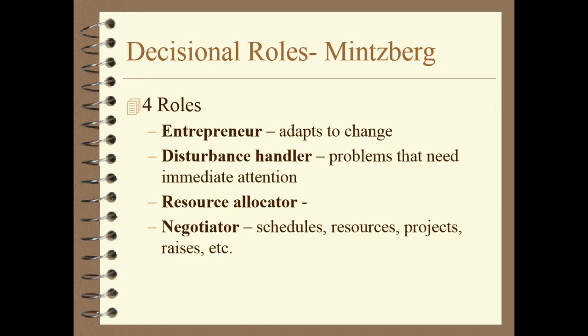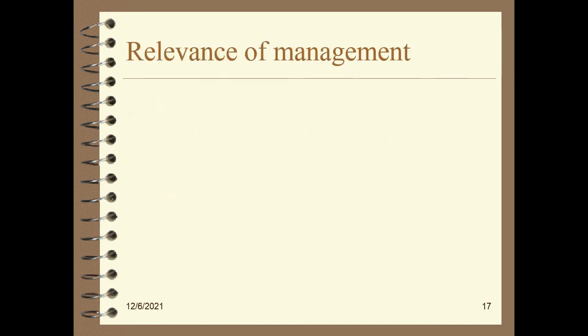Lastly, with all that has been said and discussed, what is the relevance of management? Management is relevant to achieve group goals. Someone is needed to put things together to ensure the achievement of group goals. Management minimizes costs.